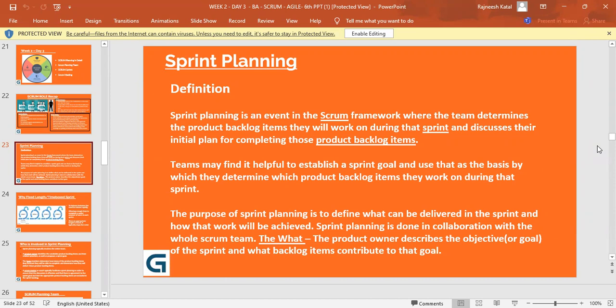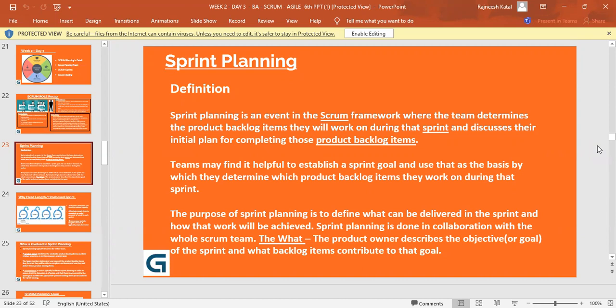Sprint planning is done in collaboration with the whole Scrum team. Whole Scrum team means your development team, your Scrum Master, and majorly your product owner as well, because they are all called the Scrum team.